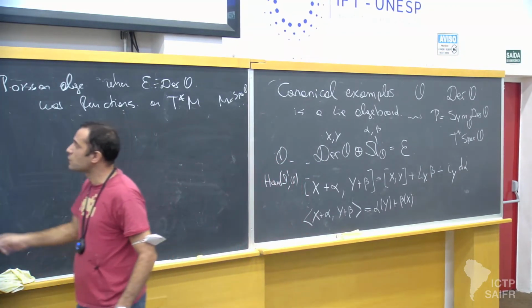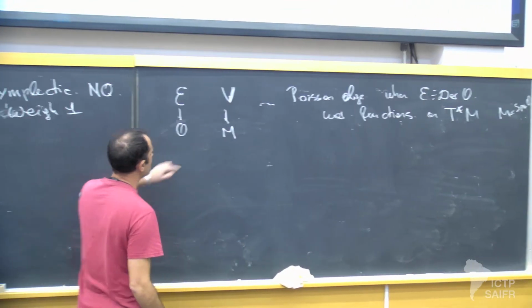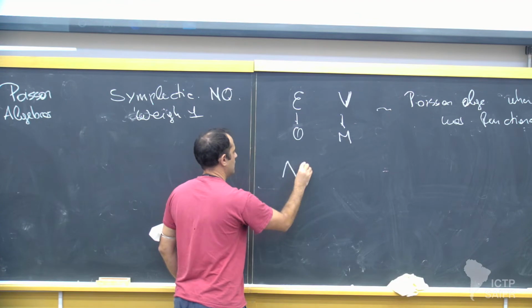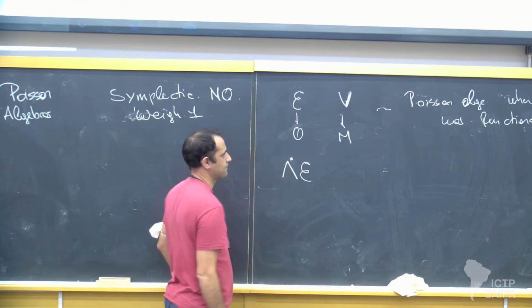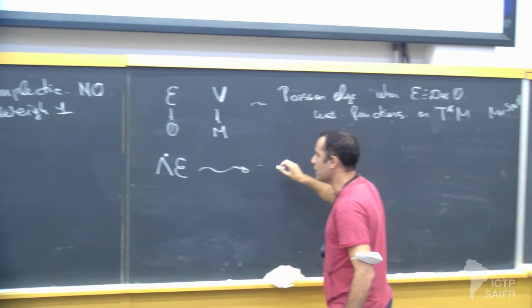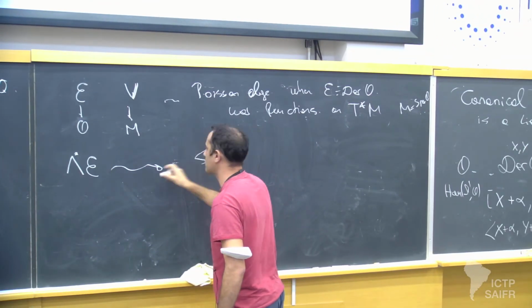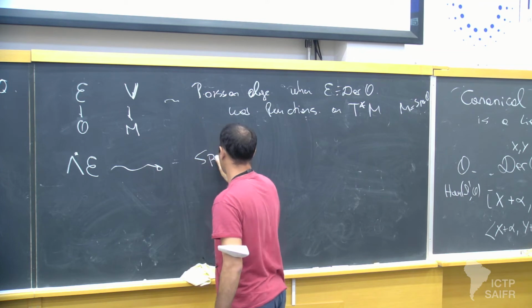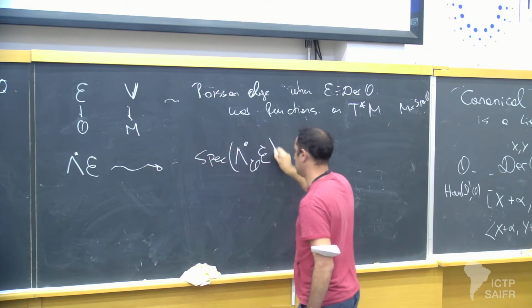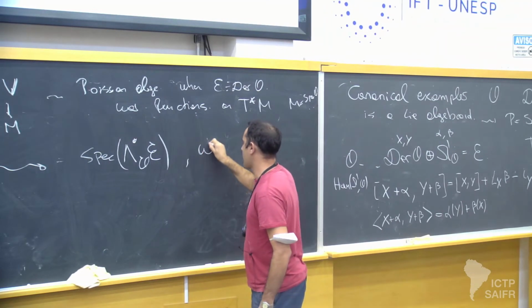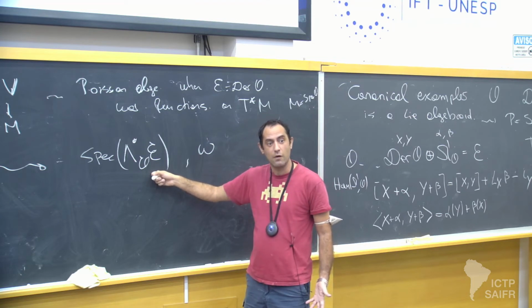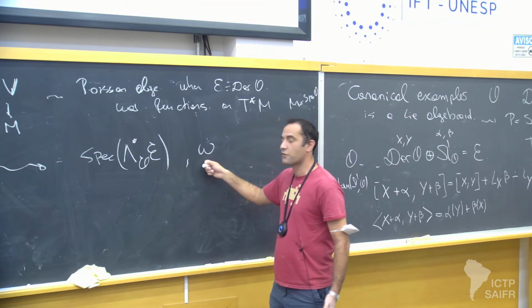However, something we can do is shift E. Instead of looking at the tangent bundle, I can shift it, and this leads to a symplectic manifold, which is the spectrum of this thing. It's a supermanifold and carries a canonical symplectic structure. The symplectic structure comes from the Poisson bracket on this algebra, which is of degree 1.